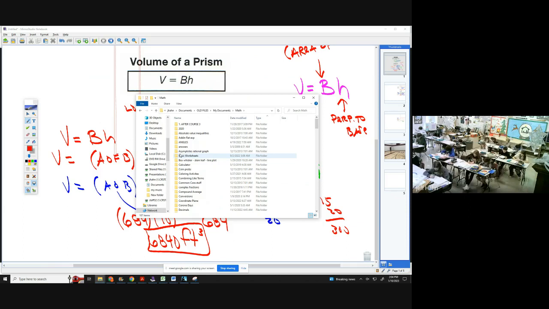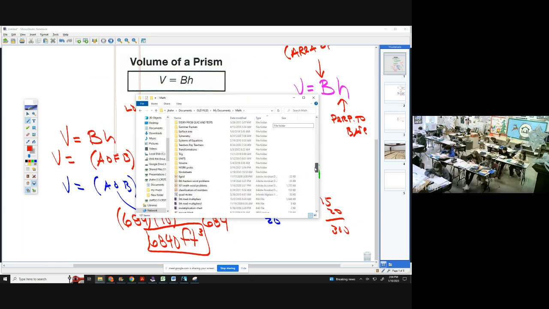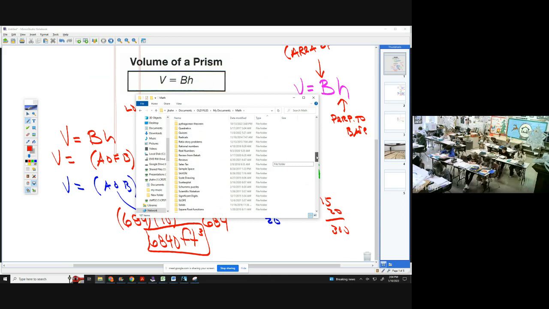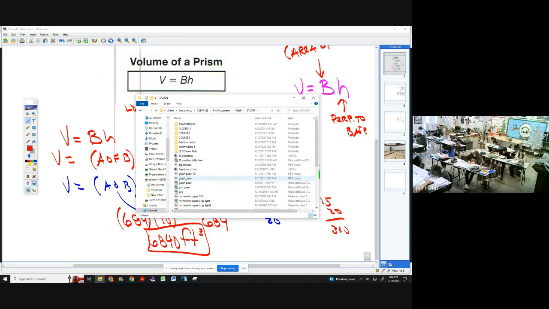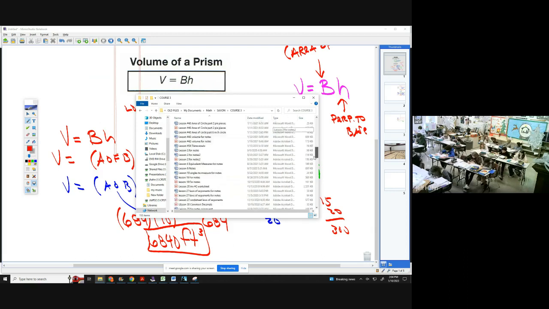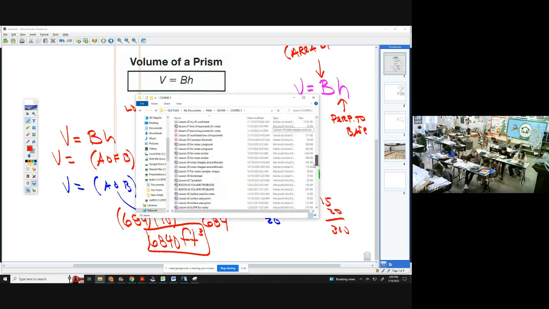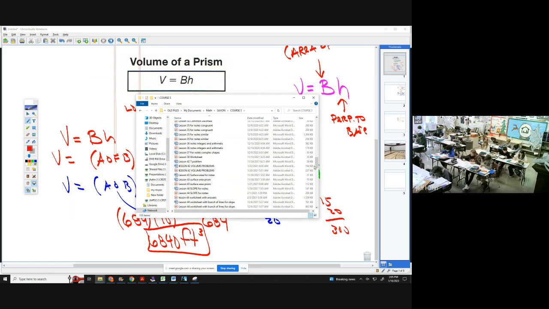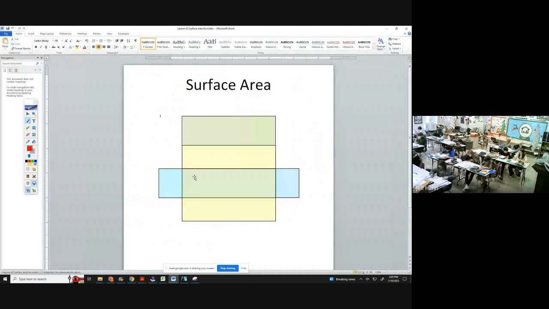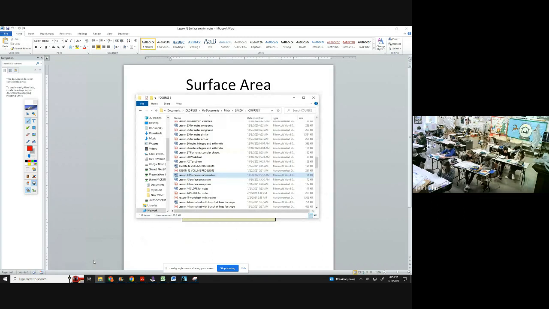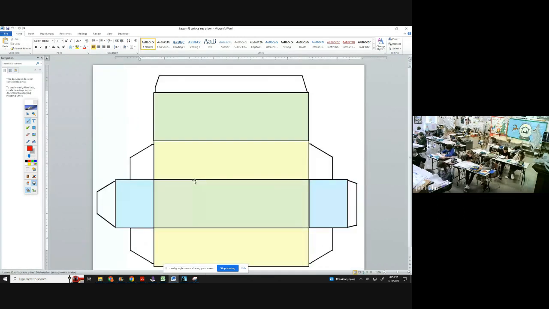Please try not to cut as many corners as you're boosting. Try just for once in your life. What lesson is this? 41, 42. Try that one. Try it again. Still not. Oh, wait, what's that?